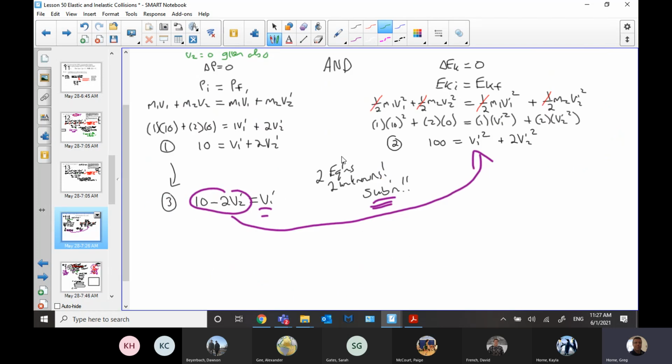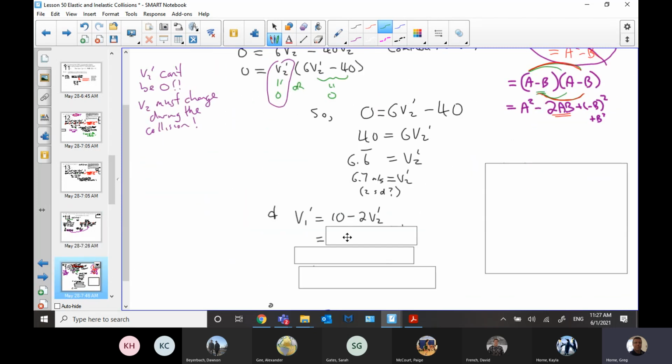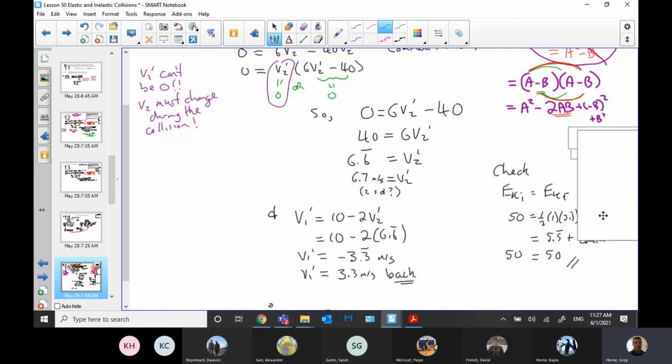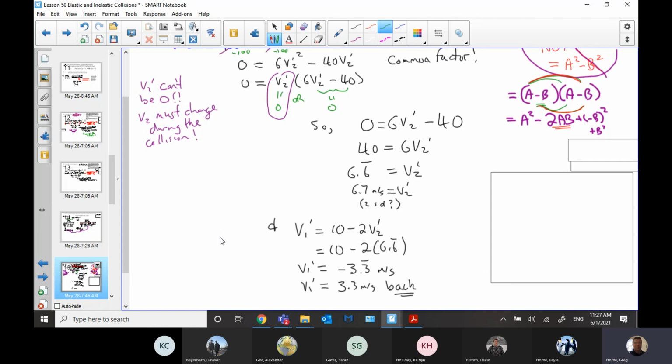I might as well use that one instead of having to solve for v1 again. I've already done the work to solve for v1. So use the v1 equation that we already worked with, plug numbers in, and get negative 3.3. In other words, 3.3 meters per second back. So we figured out both the velocities this time. We didn't have to pick one and then solve what the other one would be. We solved for this particular pair.